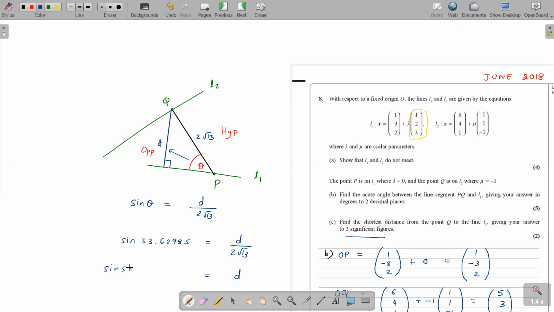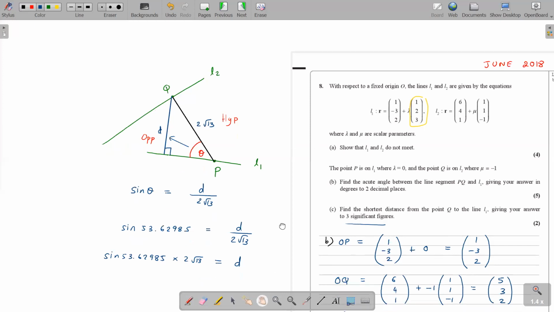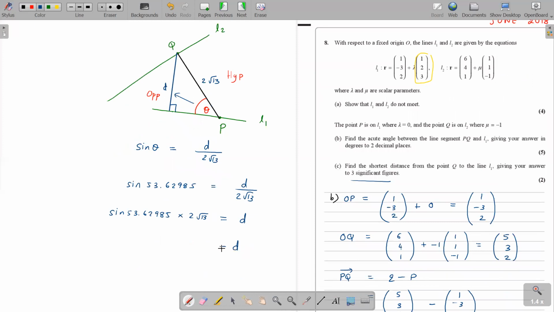So sine 53.62985 times 2 root 13. How much is the answer, correct to 3SF? Type the whole thing in the calculator: sine 53.62985, or you could say sine of the answer, because you have the answer stored in the calculator, times 2 root 13. Then give the answer to 3SF.